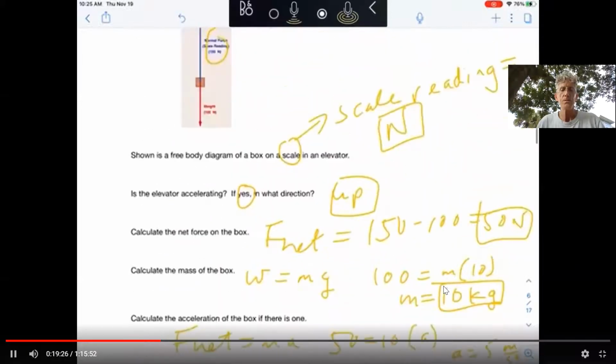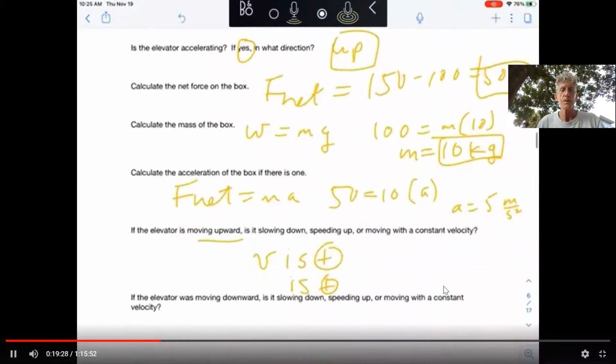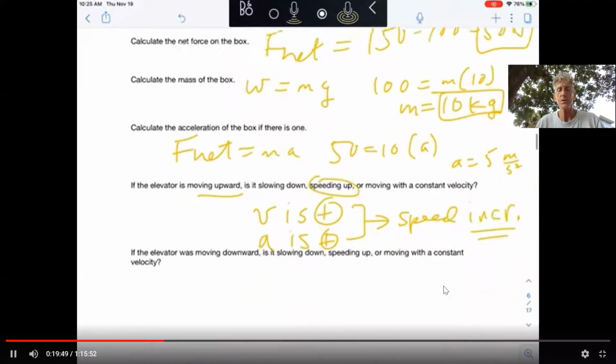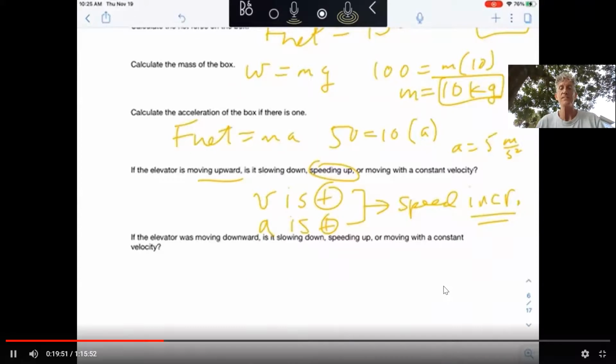If it's speeding up, the acceleration is positive, because if the speed is speeding up, the V and the A have to have the same sign. So if the velocity was positive, the speed would be increasing, because we already established that acceleration is positive because net force is upward.